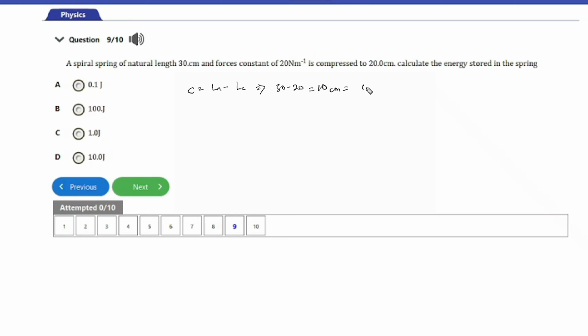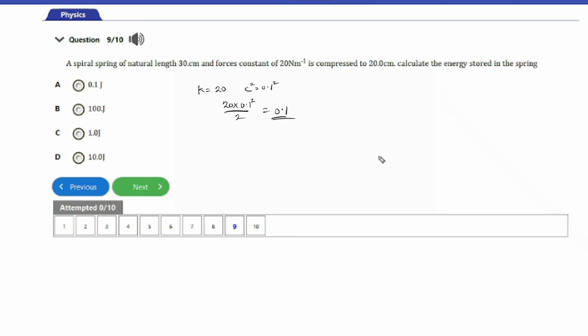But guys, we have to put this in meter. So 10 cm over 100 is going to be 0.1 meter. So if we have this as half k c squared, then k is 20, times c squared, which is 0.1 squared. So 20 times 0.1 squared over 2 is going to give us 0.1, and that's option A here.